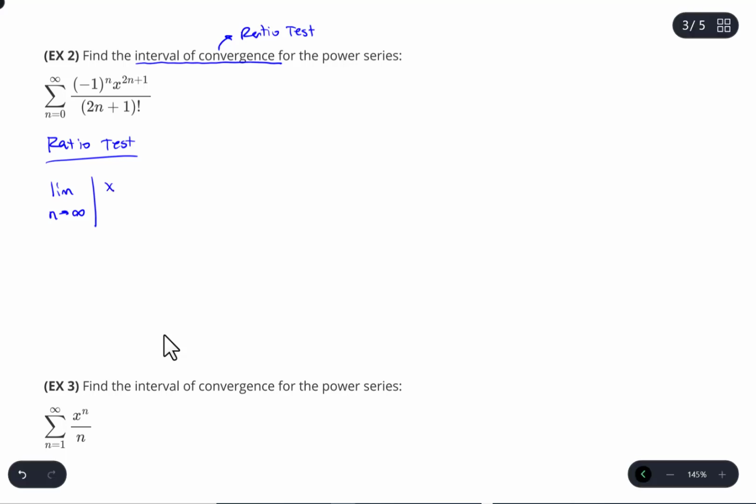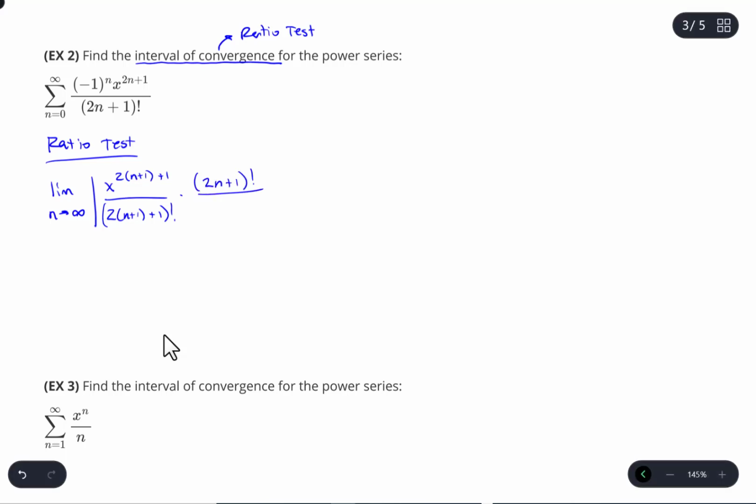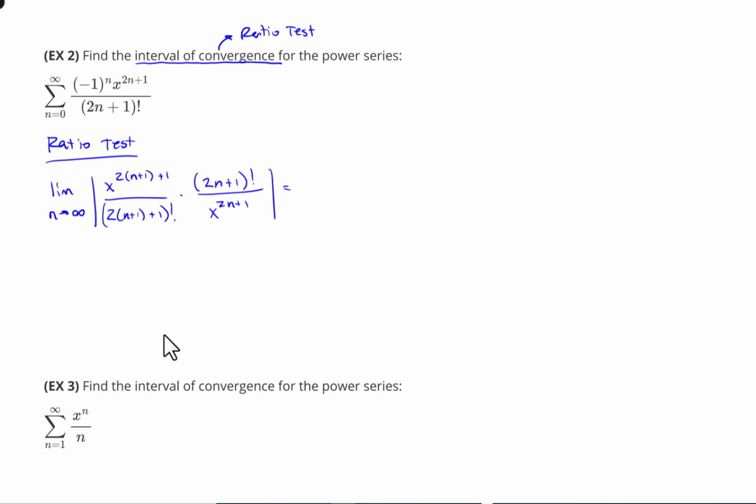So this would be x to the 2 times n plus 1 plus 1, over 2 times n plus 1 plus 1 factorial. All right, and then we divide that by the nth term, which effectively just means to multiply by the inverse of the nth term. Now, we work this limit until we can find a result.